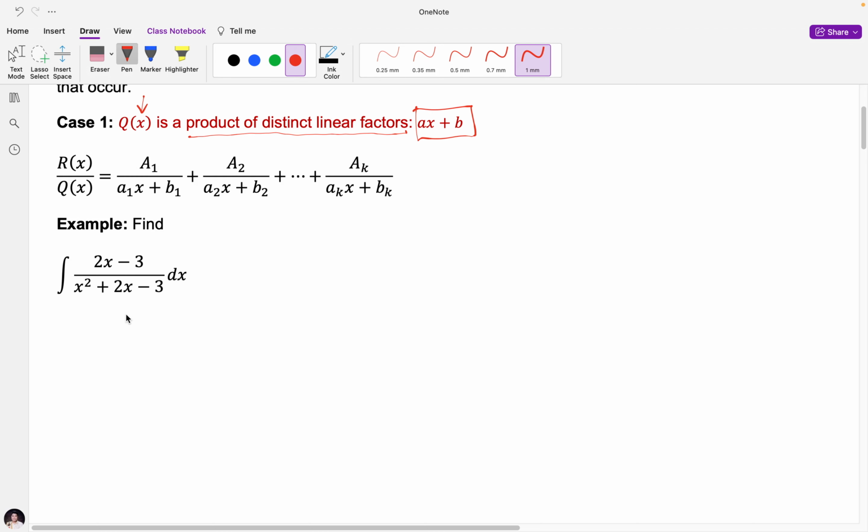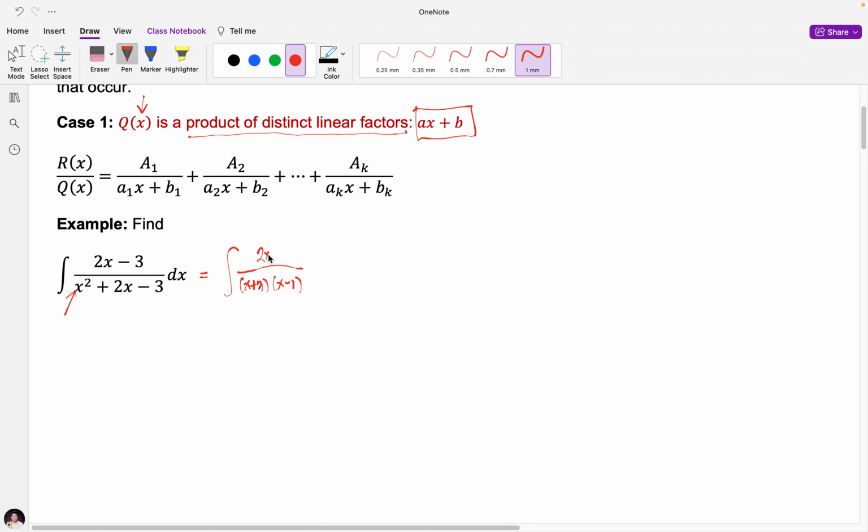We will evaluate the integral of 2x minus 3 all over x squared plus 2x minus 3 dx. Here, let us first look at the denominator, x squared plus 2x minus 3. Since this expression is factorable, the factors are x plus 3 and x minus 1.